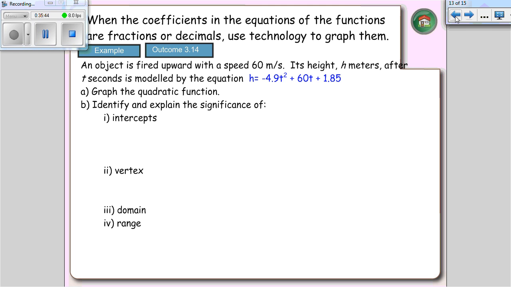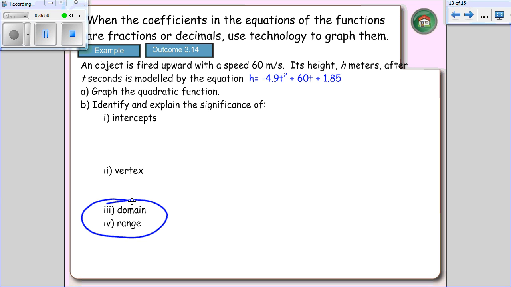So for instance, this domain cannot be t is an element of the reals. And I use t because in context, the t is your x. That doesn't work because you can't have negative time. So your domain would be t is greater than or equal to 0 because you can start at 0 time.